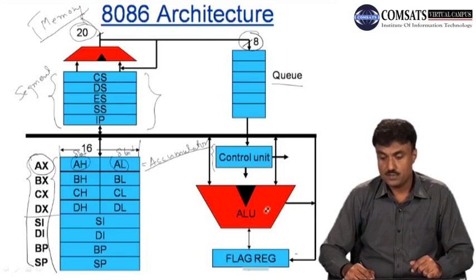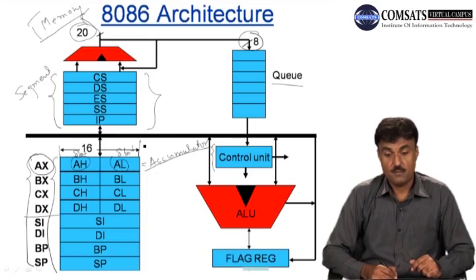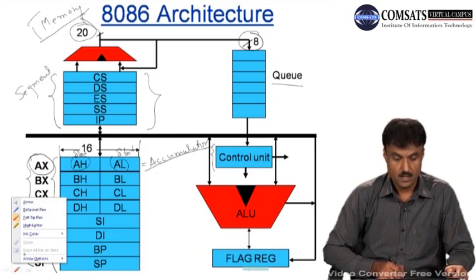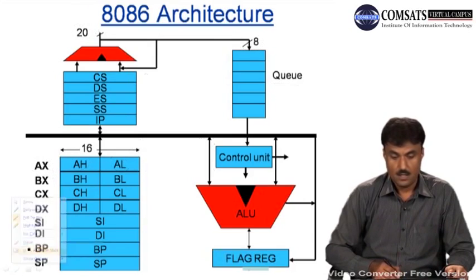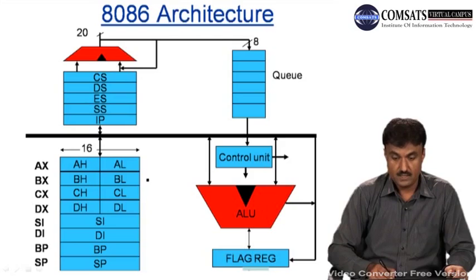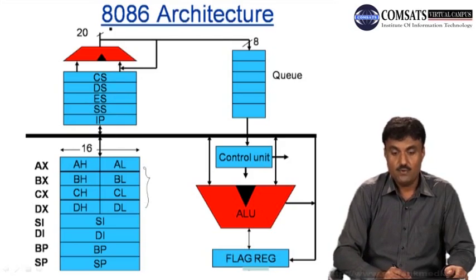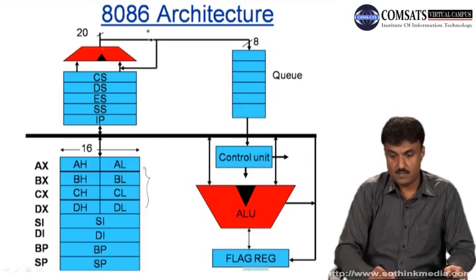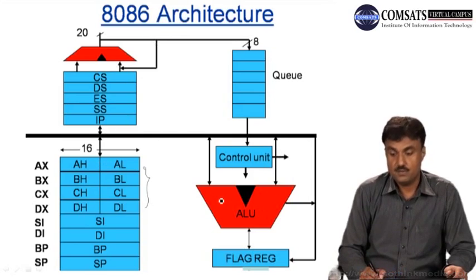There is the arithmetic and logic unit. If we want to perform any operation, how will we perform it? We store values somewhere inside the registers, or maybe we access the memory. We get these values either from memory or from registers, and send them to the arithmetic and logic unit.